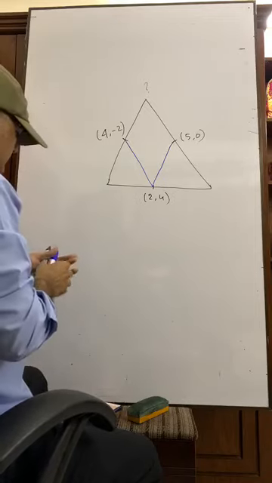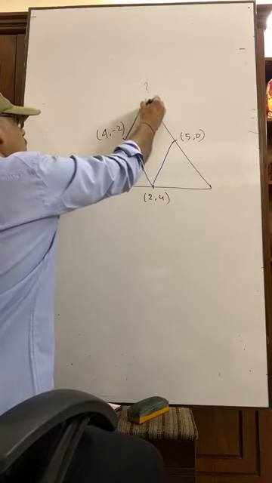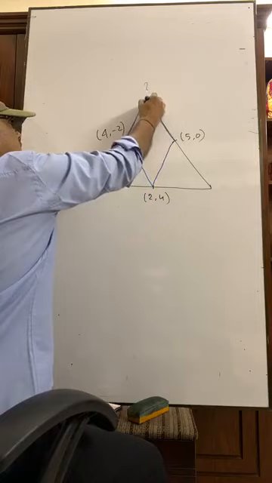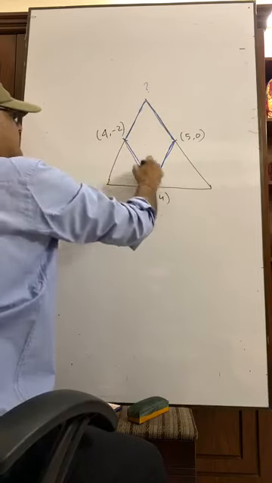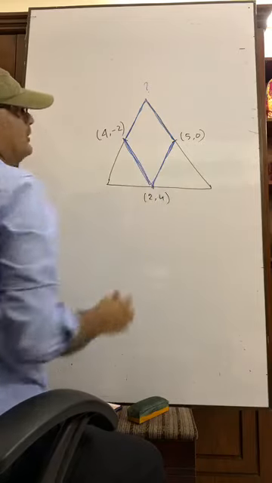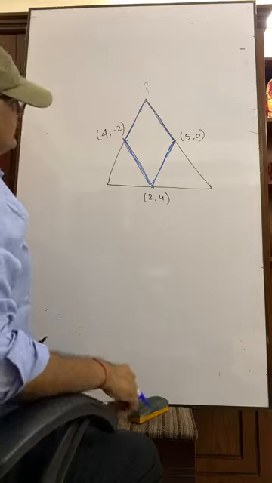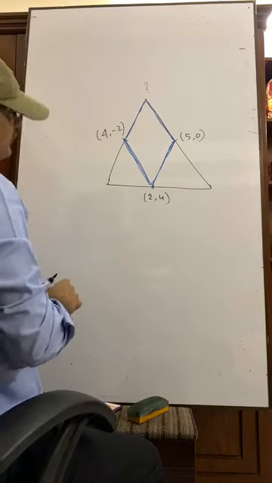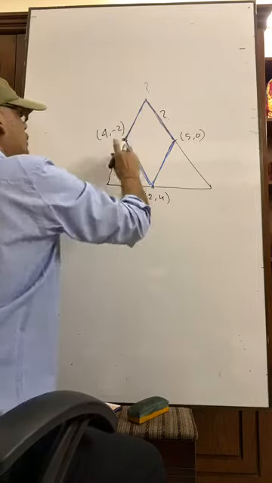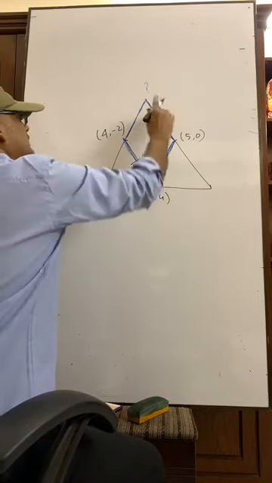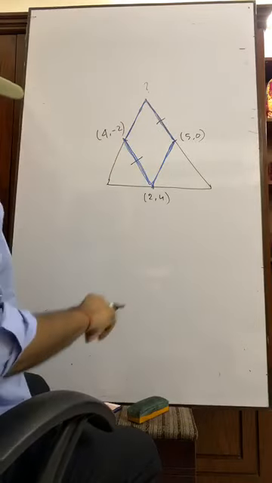Now it is wholly a parallelogram, having pairs of opposite sides equal. That means these two sides are equal, and these two are also equal.